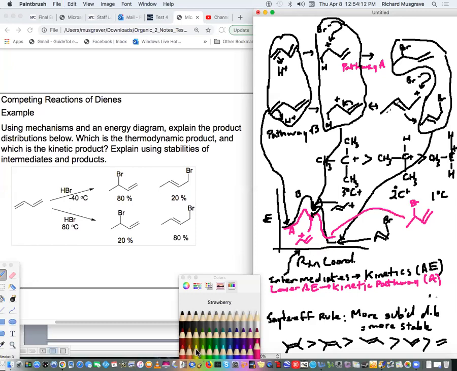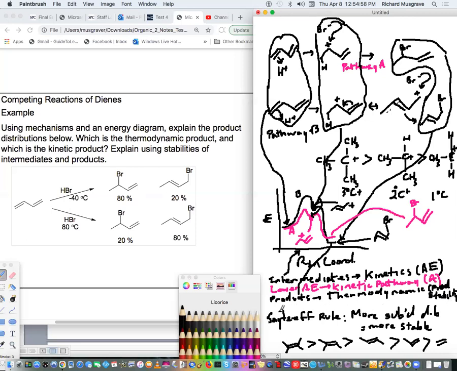The products are going to determine what's called the thermodynamic pathway. And that's based on product stability.